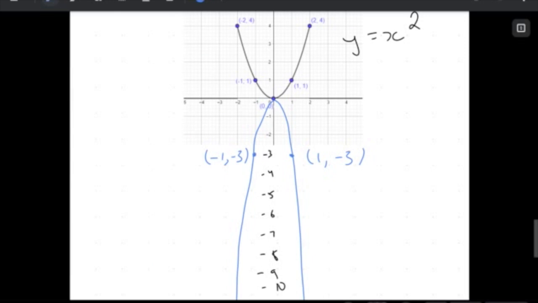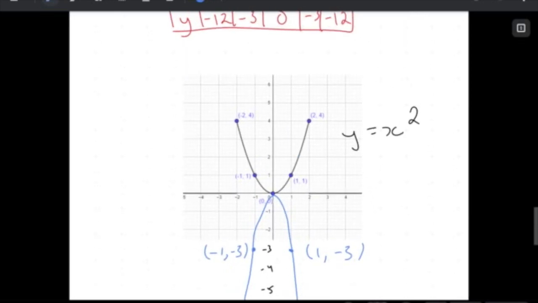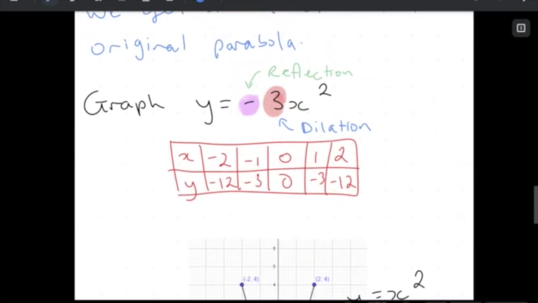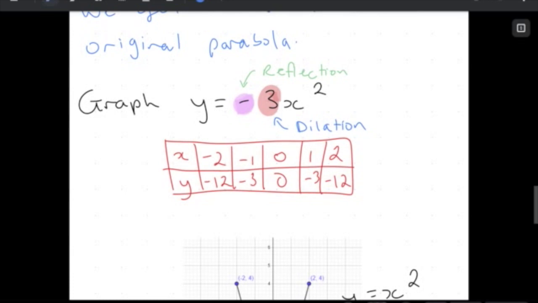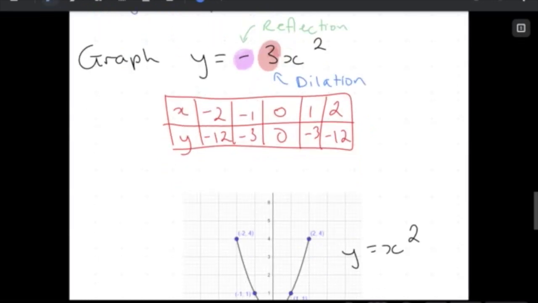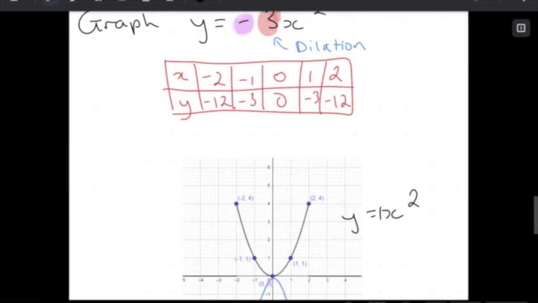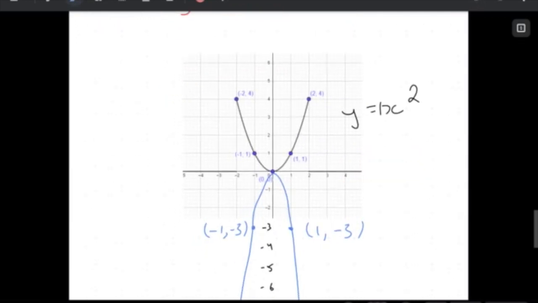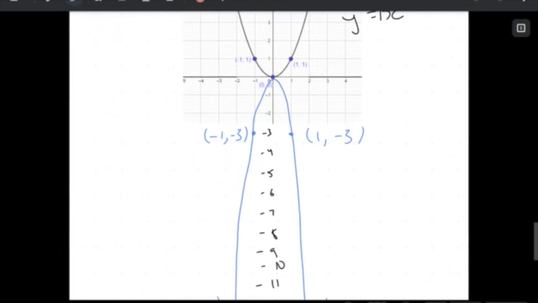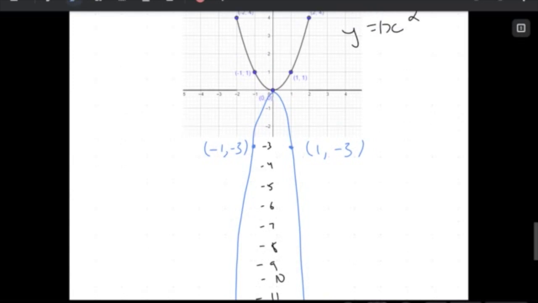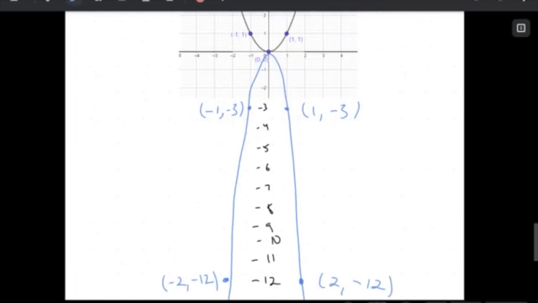Let's see what's happening. Well, my graph's already looking like what we expected. Our dilation, I have 3, which is bigger than 1, my starting coefficient. So I imagine here in my first graph, that tells me that my transformed parabola down here is going to be steeper than my original.